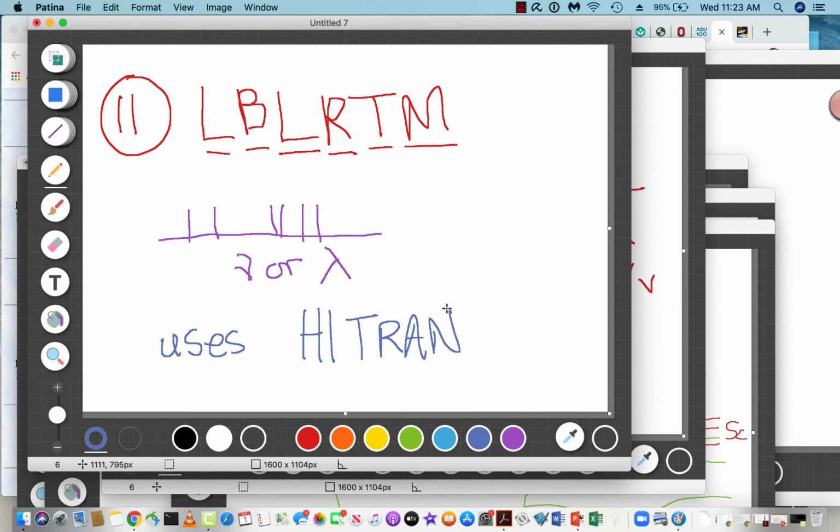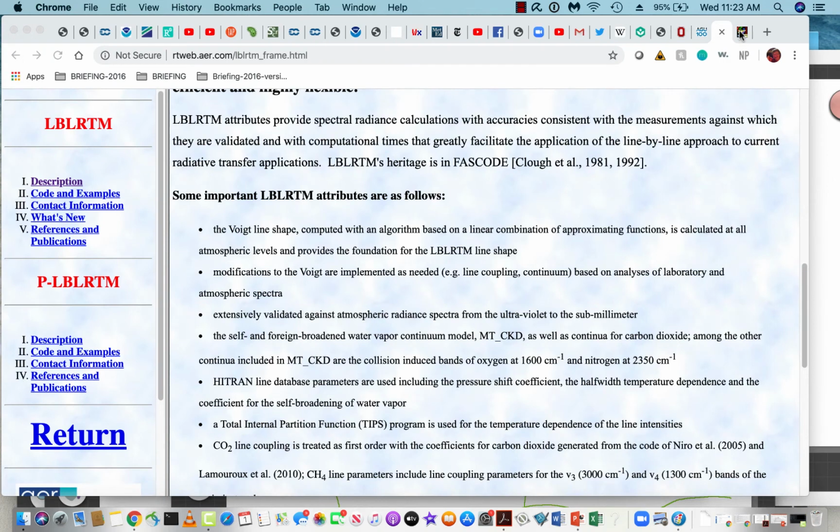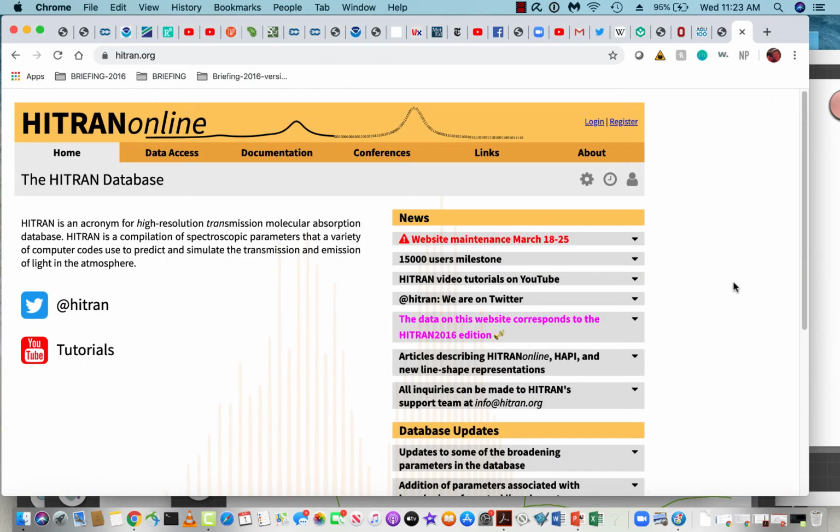HITRAN is a database of the parameters you need to calculate the transmission of radiation through an atmosphere filled with whatever quantity you want it to be filled with. So if you wanted to look at transmission and absorption in a methane atmosphere, HITRAN would have that information for you. It's been under development since I think the 1960s.